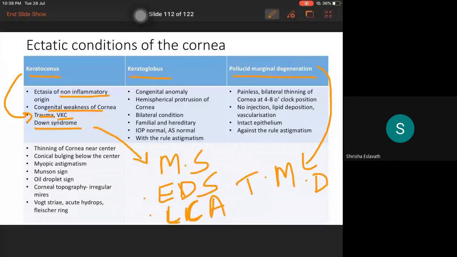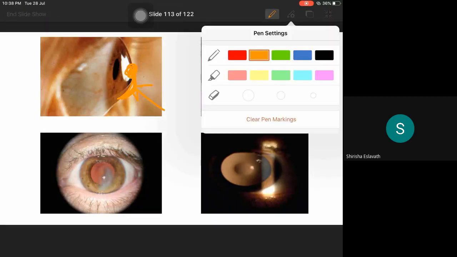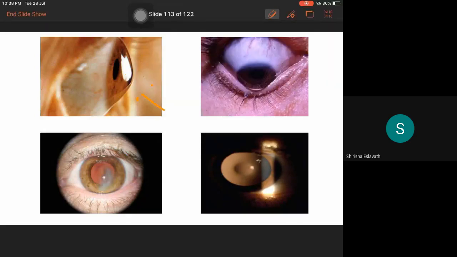How does the keratoconus look? Normally the cornea becomes thin just below the center, and below the center that will bulge out. This is the case of keratoconus, a conical shape of the cornea.